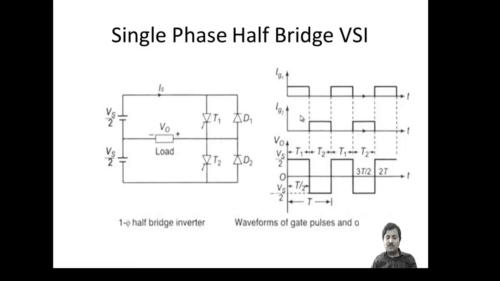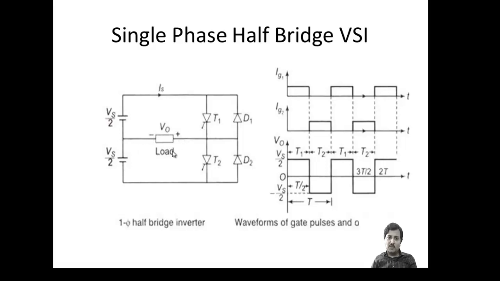Now see the waveforms of this half bridge voltage source inverter. Here Ig1 is the gate signal given to T1 and Ig2 is the gate signal given to T2. When the Ig1 signal is given to T1, the voltage Vs/2 is applied with positive here and negative here.